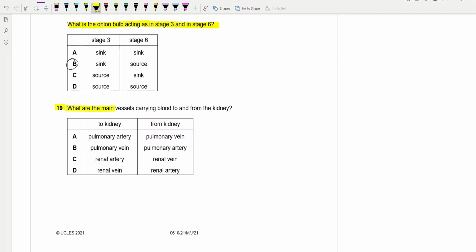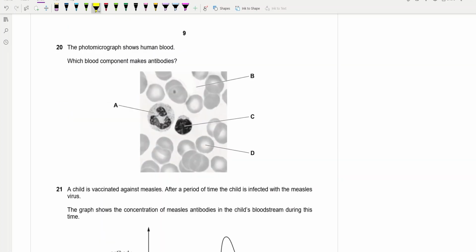Question number 19. What are the main vessels carrying blood to and away from the kidney? The vessel that carries blood to the kidney is the renal artery, and away from the kidney is the renal vein. So the correct option would be option C. Question number 20.